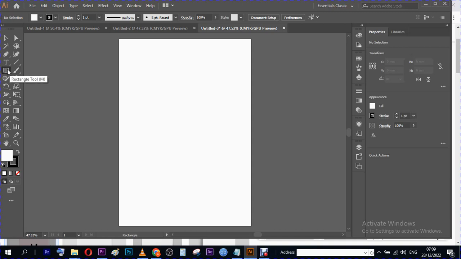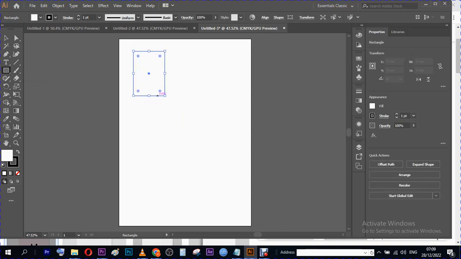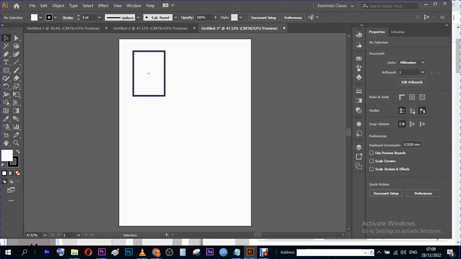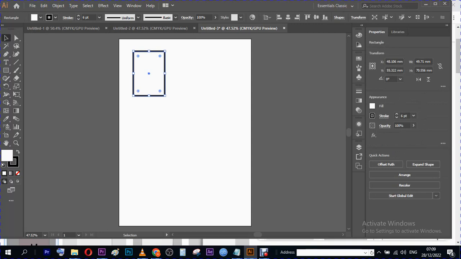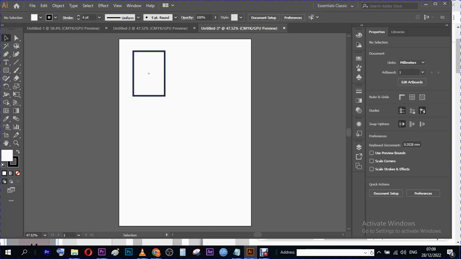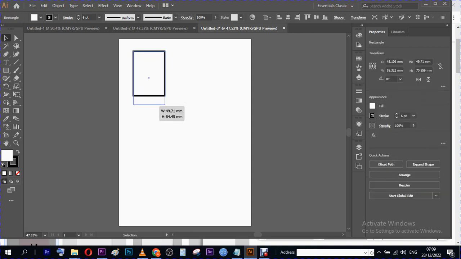So I form my rectangle. Let's say this is my paper size in portrait. Remember, for a design to be in portrait, the height is longer than the width.